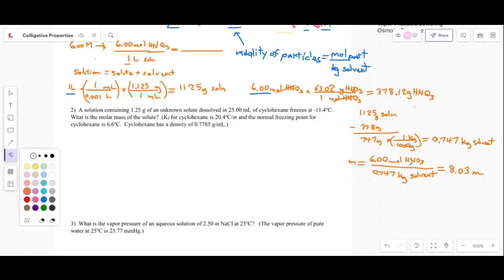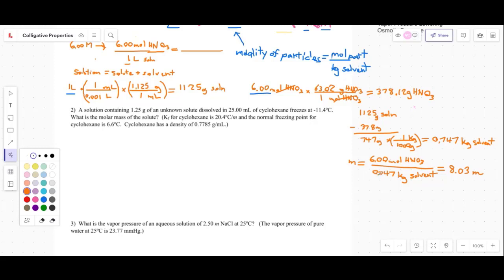I got 8.05, but I guess we're both within the error, so that's fine. Well, you might have been using the unrounded value. Okay, got it. Which is the reason why I probably should have used the unrounded value. But yeah, so there you go. So that is the molality.